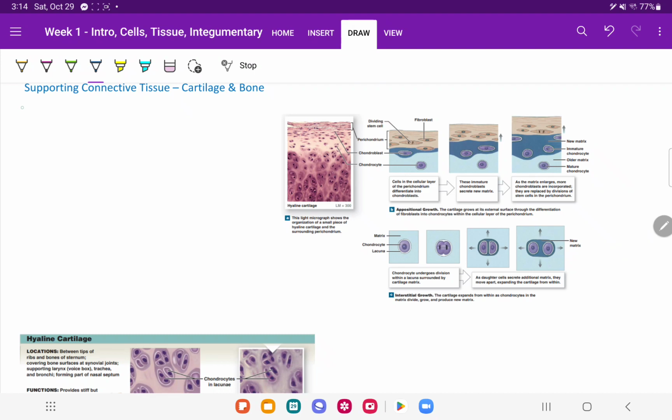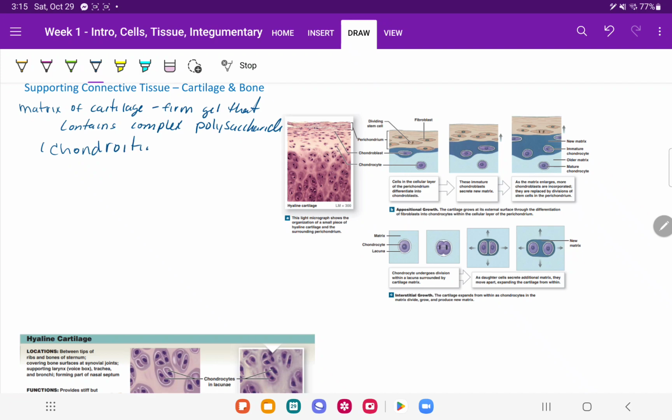The matrix of cartilage is a firm gel that contains a complex polysaccharide called chondroitin sulfates.